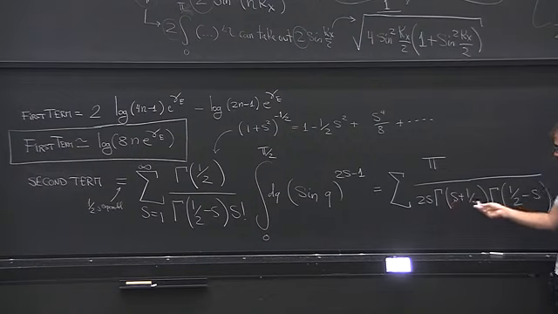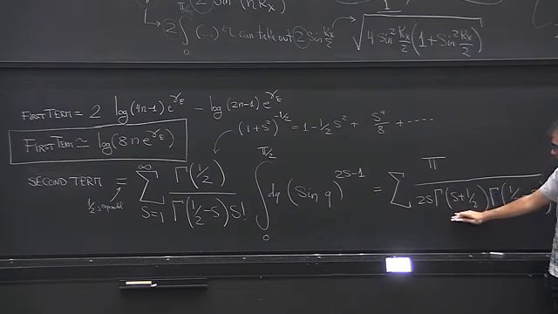And then what are these functions? These new functions gamma we get just by integrating this sine. This is a function that has poles at the negative integers when the argument is negative integers, but we shift by 1/2. So this has poles at 3/2, 5/2, and so on.